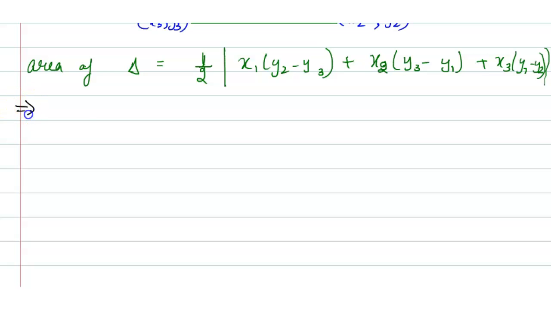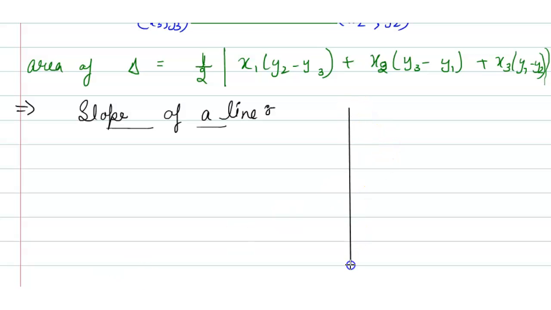Now next topic is slope of a line. Here we draw the axes. Here is the y-axis and this one is the x-axis. Slope of a line: here we draw a line.